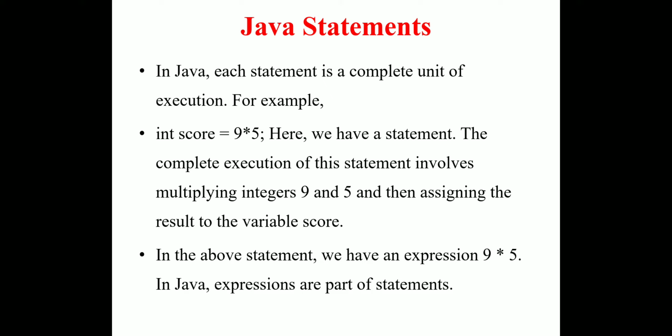It means the calculation part is called the expression, and when the variable part is included, it is a statement. Expressions are part of statements. Thank you. That completes Java statements.